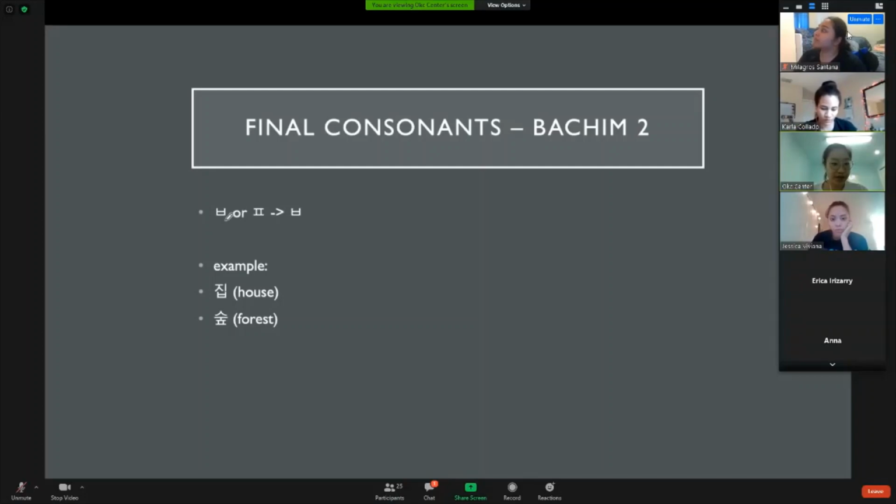Whenever you have bieup or pieup in the 받침, the final consonant, like this, it will change the sound to bieup. So when you write it, it should be written this way. But when you're speaking to someone, you will have to change this sound. So 집, and then 숲.